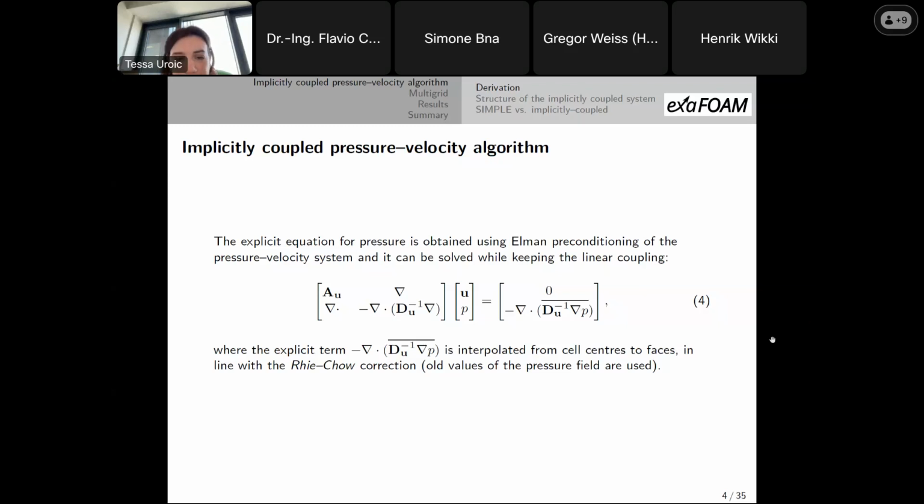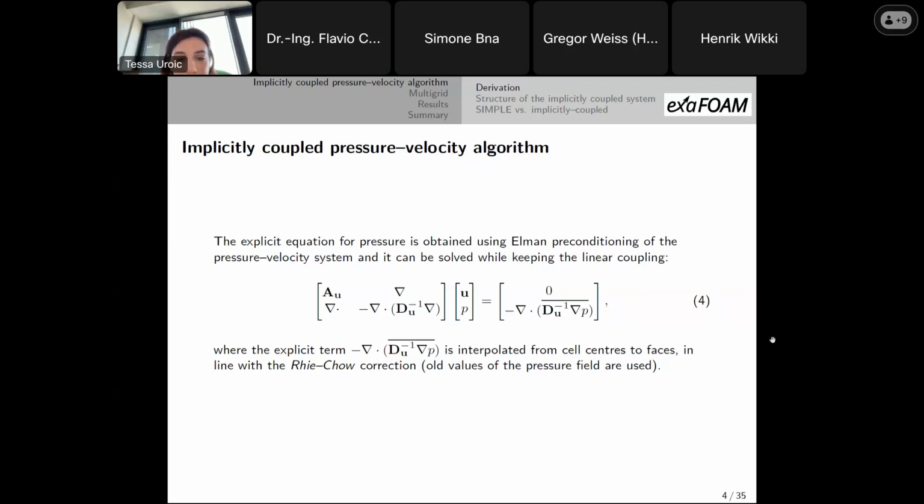However, these elements of the matrix are matrices themselves, and this means that your system will be much larger, creating a memory overhead compared to the SIMPLE algorithm.